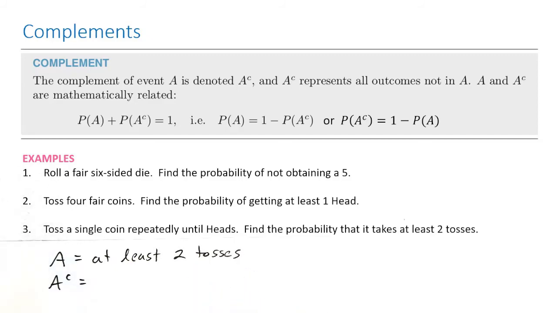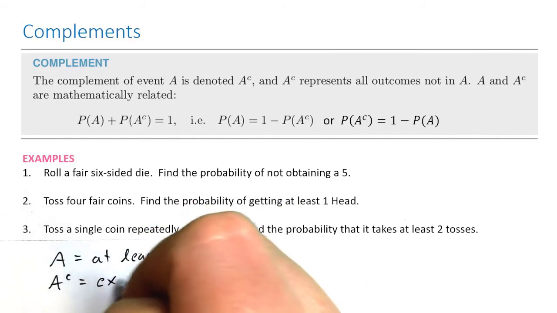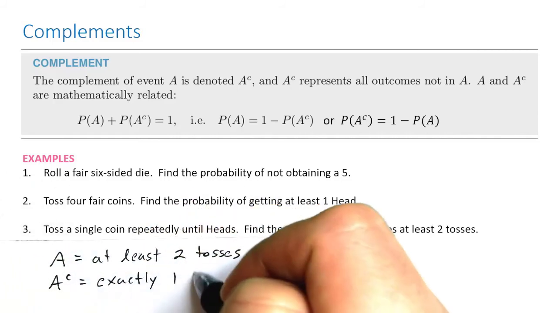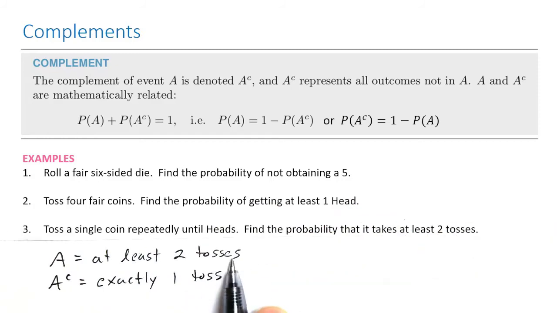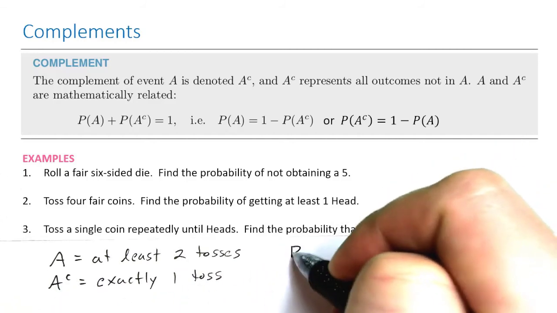It doesn't take 2 or 3 or 4 or 5 or 6. It takes exactly 1. That's the opposite of this event. If this doesn't happen, that means this does happen, and vice versa. So these are complements.